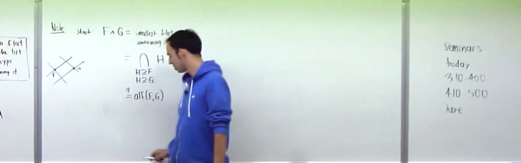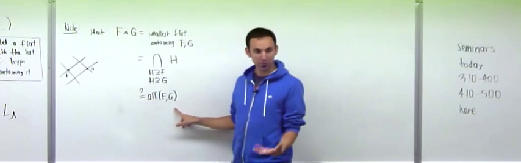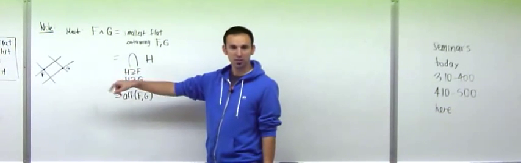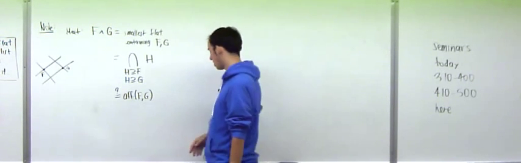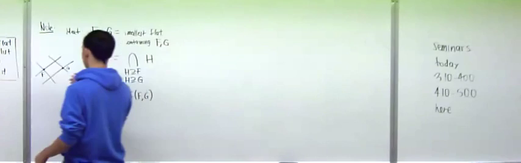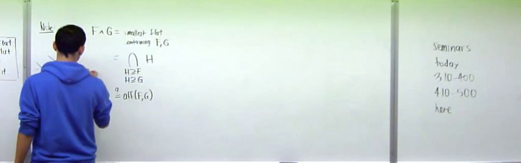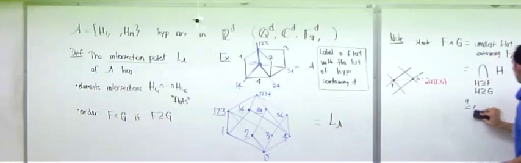And so if this affine span happens to be in the arrangement, then it is the right answer. But you might have a situation like this where what you think is the right answer just doesn't live in the arrangement. Okay? So in general, this is not true.